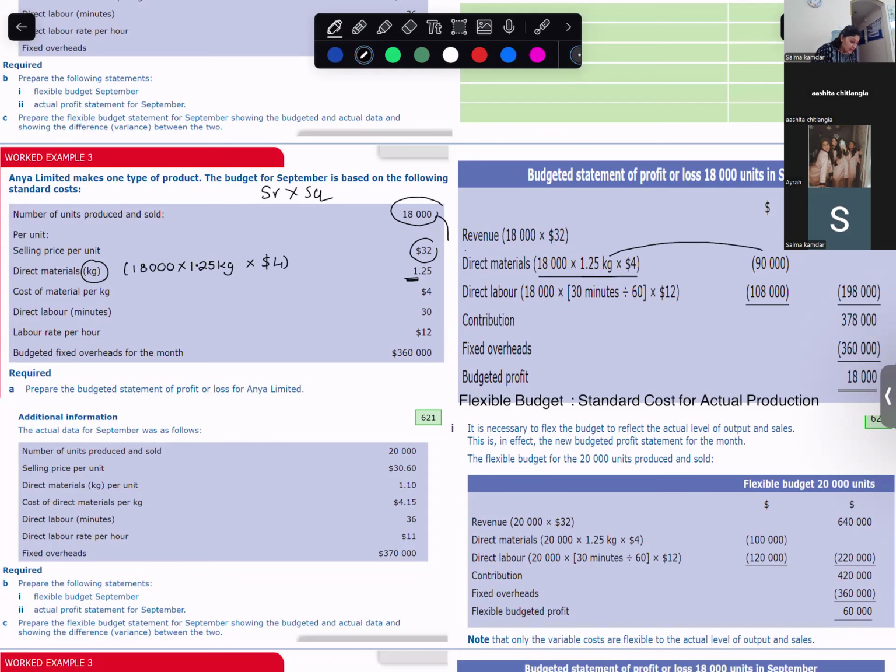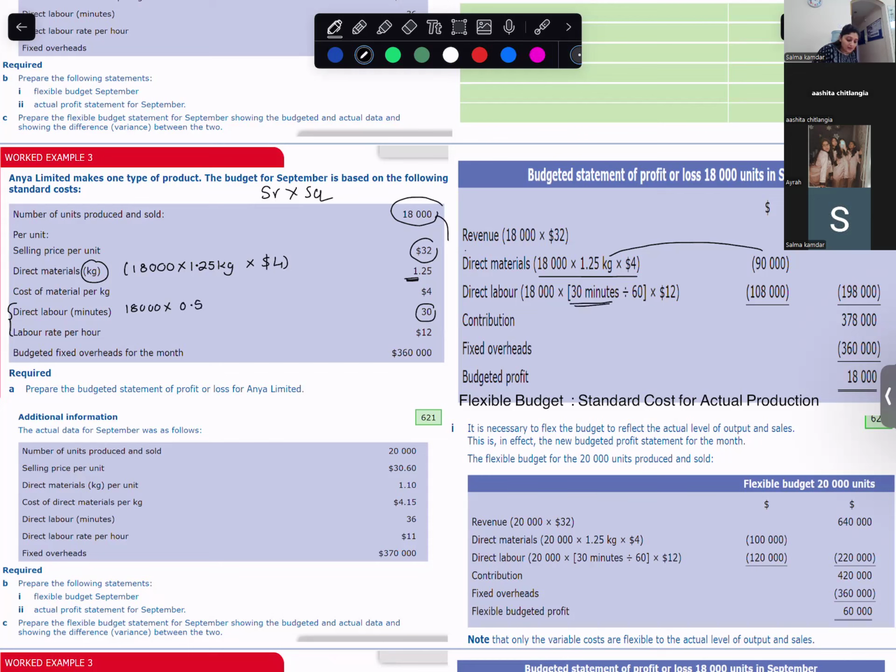Now direct labor. Every unit is going to take 30 minutes. So I can take 0.5, half hour.